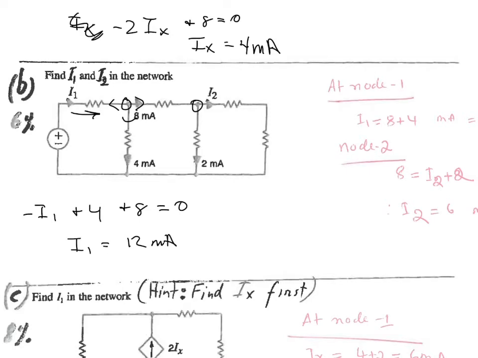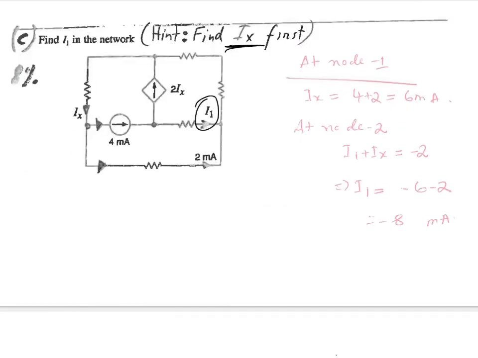Nodal analysis here. Coming into it is 8, out 2, plus I2 is equal to 0, and I2 is equal to 6.